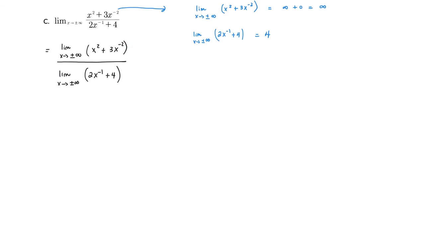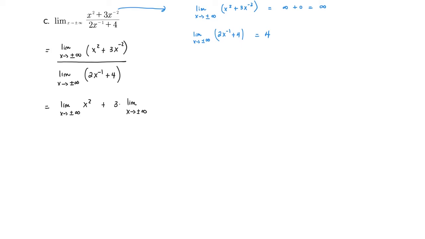And then by this discussion right here, I already know that the limit in the numerator will be equal to the limit as x approaches positive or negative infinity of x squared plus 3 times the limit as x approaches positive or negative infinity of x to the negative 2.